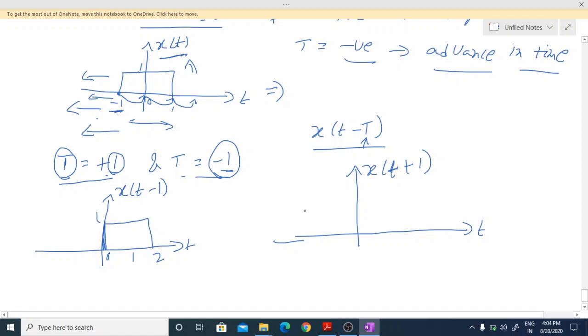The signal will start from -2 and end at 0. So this is -2, -1, 0. The amplitude does not change. Here the capital T indicates how many positions to shift.